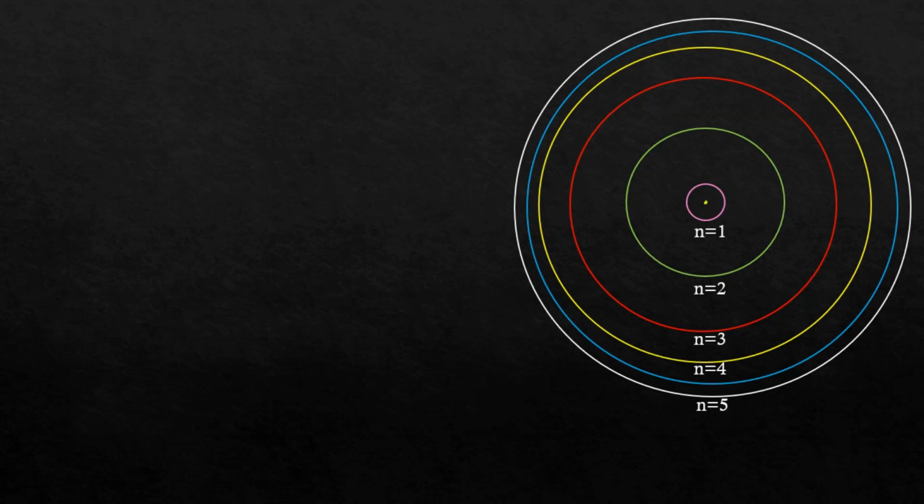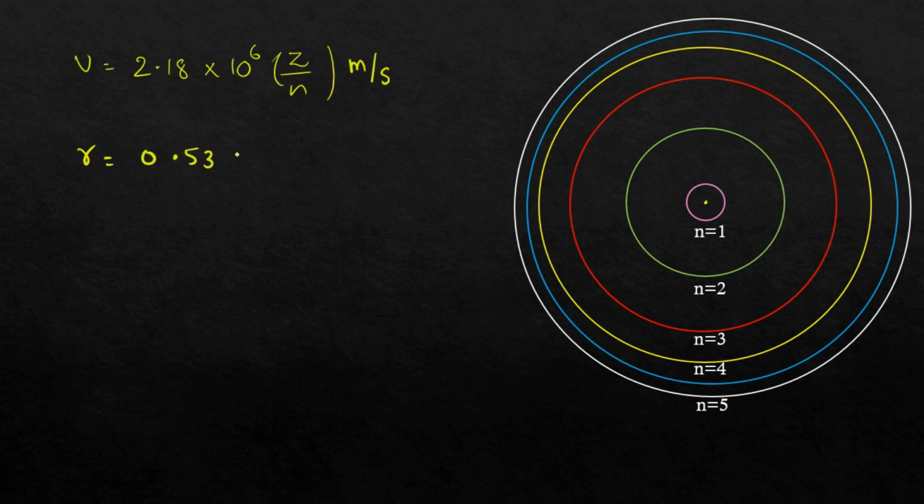Once again, the formula: velocity v is equal to 2.18 into 10 power 6 z by n meters per second, where z is the atomic number, n is the orbit number, and radius r is equal to 0.53 into n square by z angstrom units.